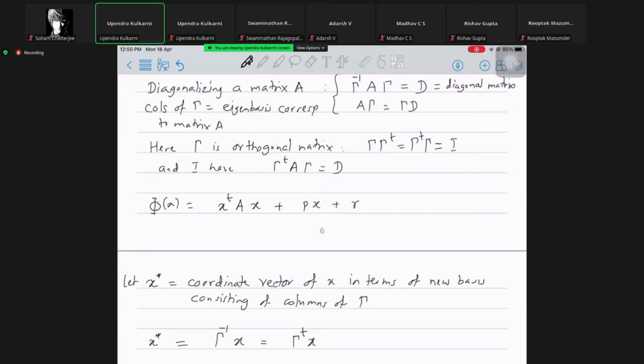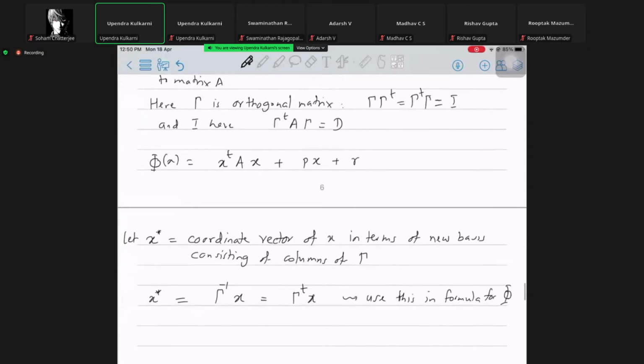So this is the substitution. Use this in the formula for phi, and away we go. So what do we get?